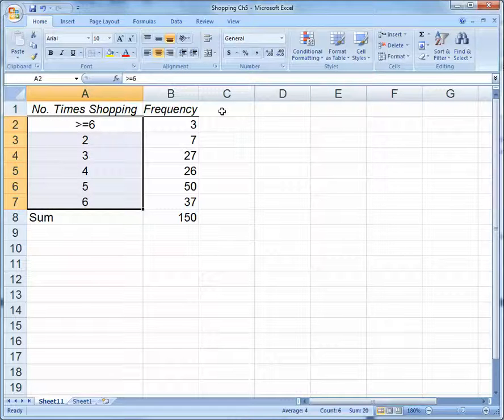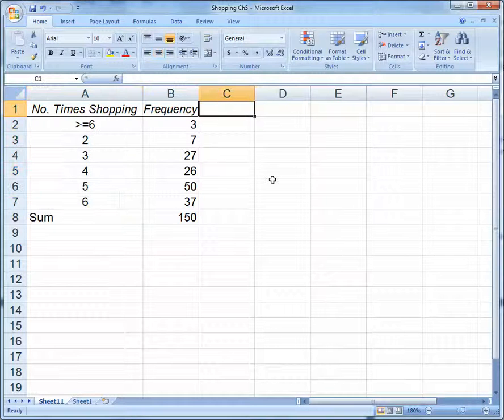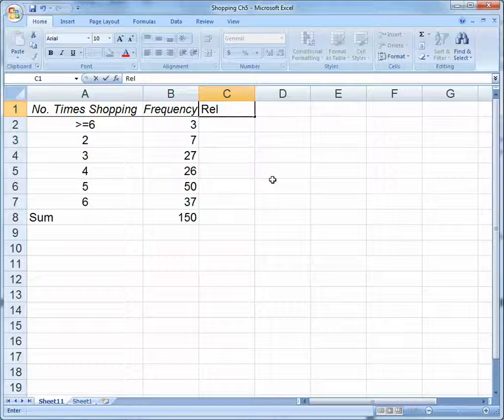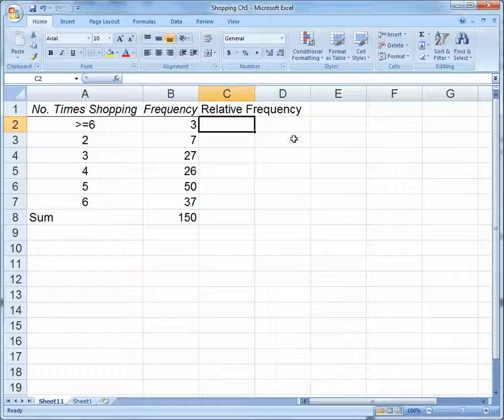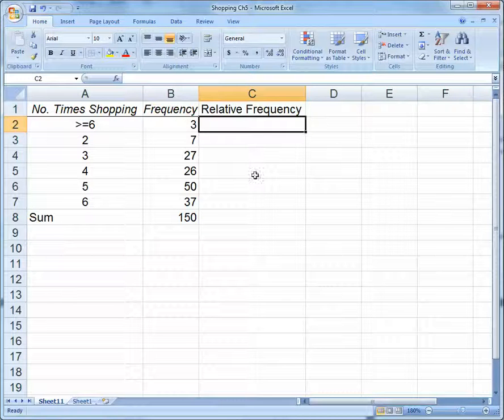I'm going to do one other thing over here. In this category, I'm going to calculate what's called a relative frequency. All I'm going to do is divide the frequency by the total number of responses.